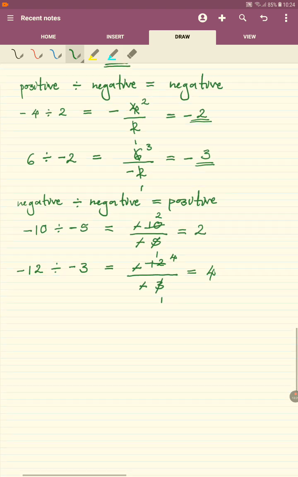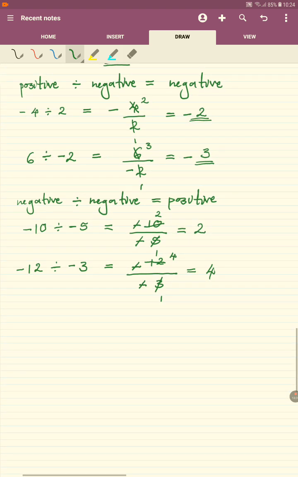So to round up this lesson, I want you to remember that when you are adding two positive numbers, a positive number plus a positive number, it gives you a positive answer.